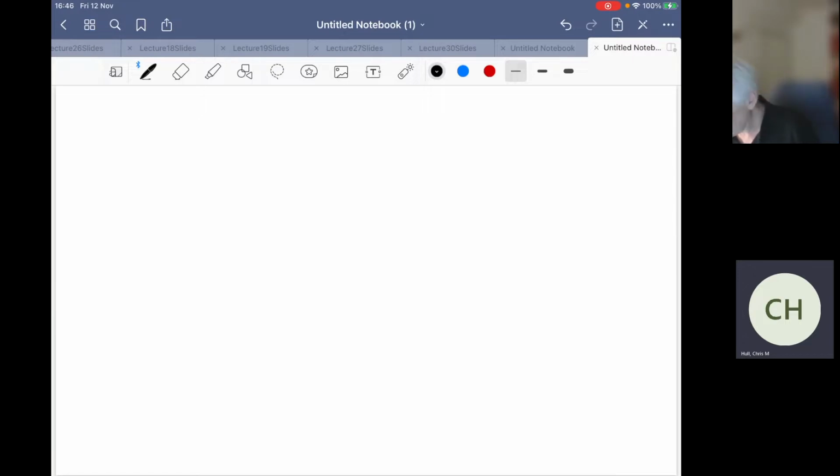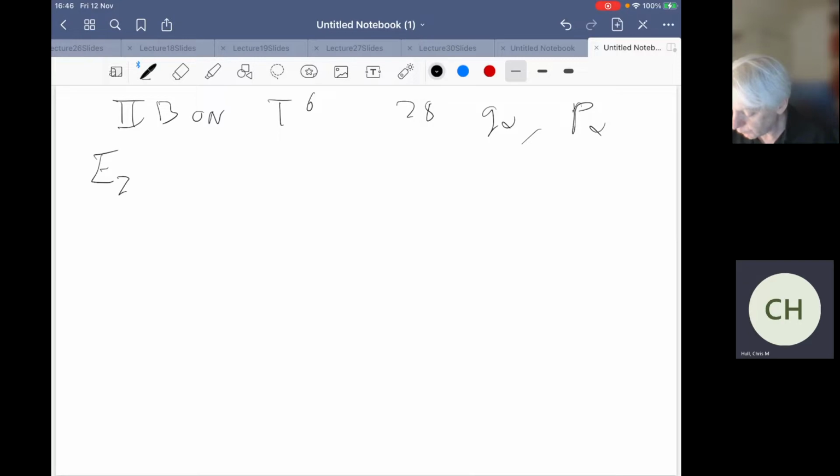So let's now look at type 2B compactified on T6, and again there are 28 Q_alpha and 28 P_alpha, because there are 28 vector fields. These are acted on by this rather mysterious group E7, which is broken down to a discrete subgroup.